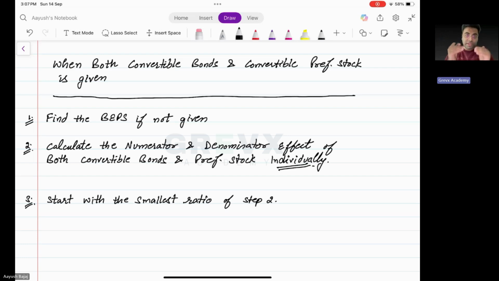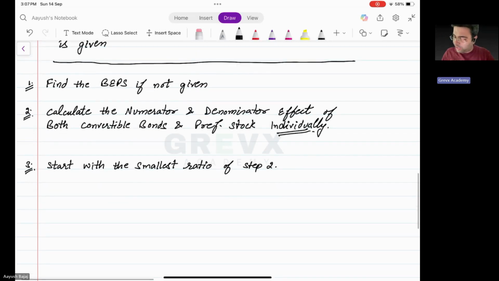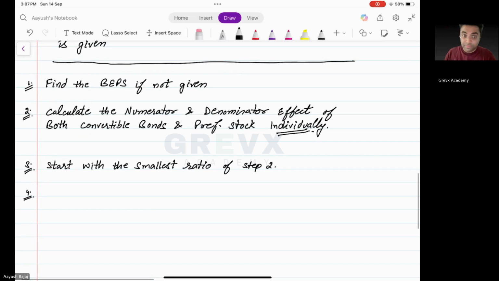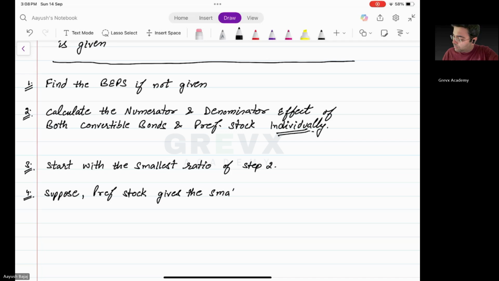Whichever gives you the smallest ratio, you will start with that. Suppose preferred stock gives the smallest ratio.